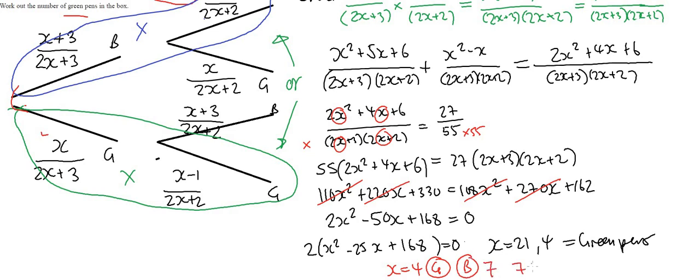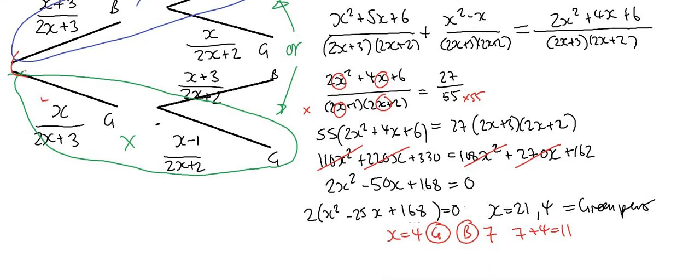And 7 plus 4 is only 11. But if x equals 21 green pens, and blue is 3 more, so that's 24. And then we've got 21 plus 24, which is 45 pens.